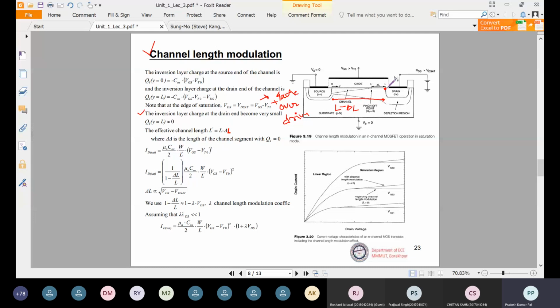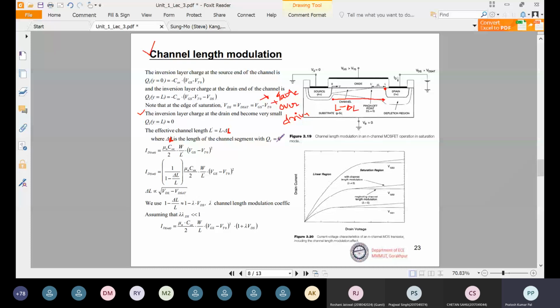So effective length will be L, capital L minus delta L. So delta L is the length of channel segment with QI equals 0. So delta L वो region है जहाँ पे कि हमारा inversion charge जो है वो 0 है.